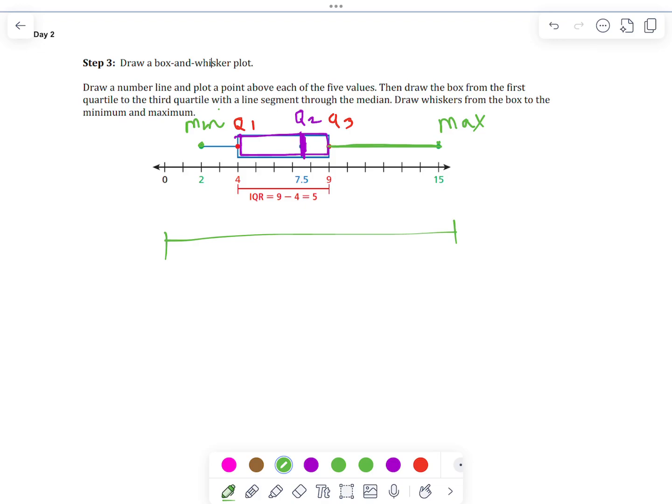Your whiskers go from Q3 to the max and from Q1 down to the minimum. The last thing is to identify the IQR. So we subtract Q3 minus Q1, which is 9 minus 4, giving us 5.